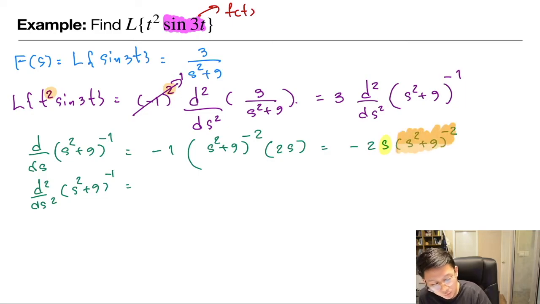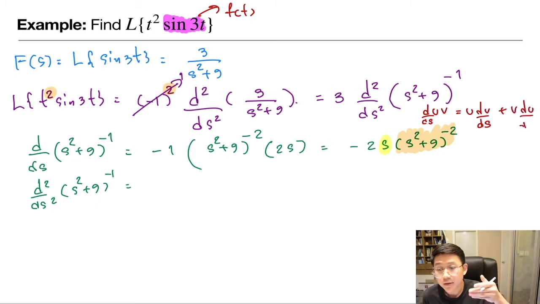So we would use the product formula: d(uv) by ds is u dv plus v du.